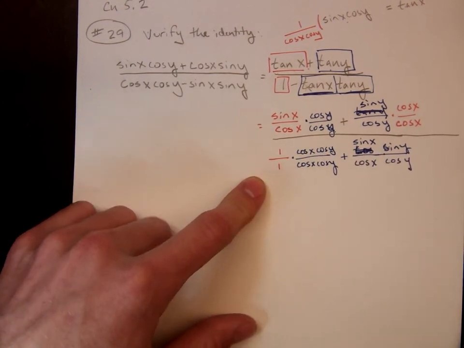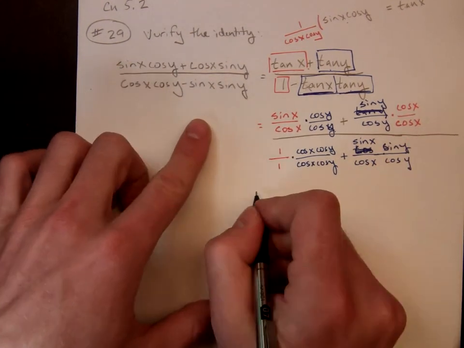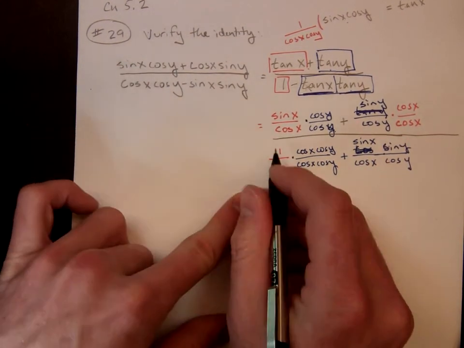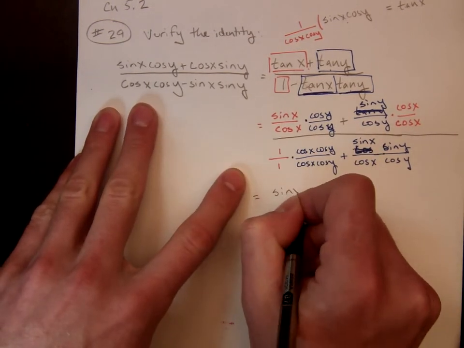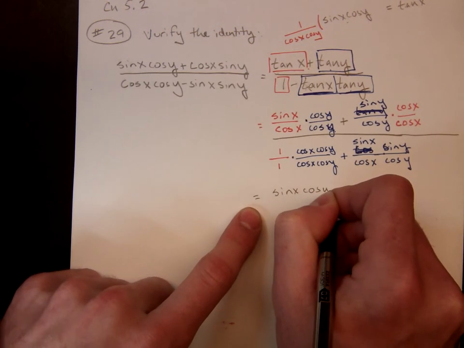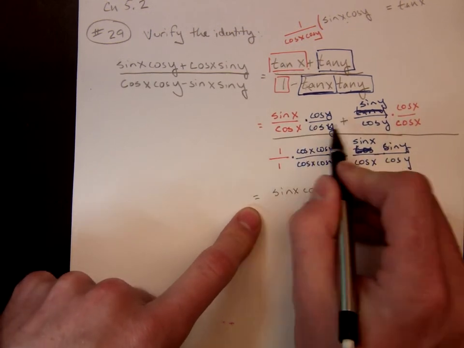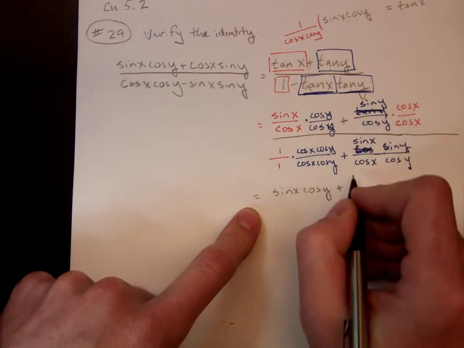Okay. And if I do all of that math, I'm going to wind up with sine x cosine y. Okay. Plus, well, I have a common denominator now, so I can just add plus sine y cosine x.